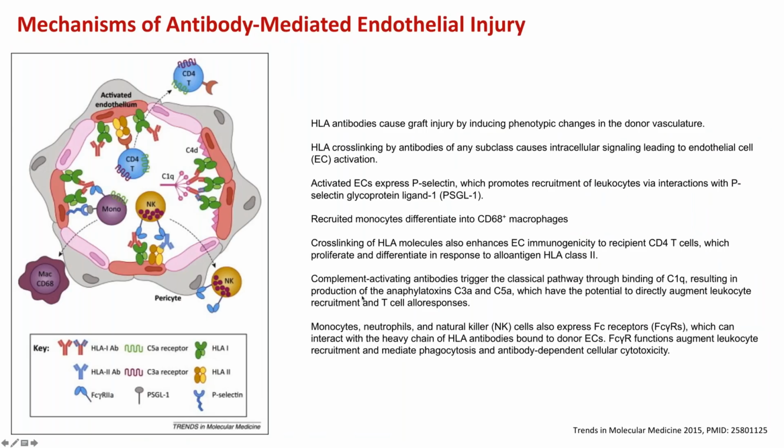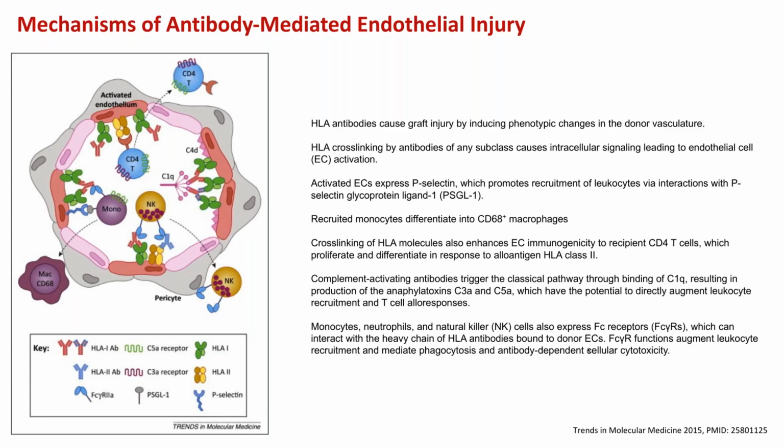So again, mechanism of antibody-mediated endothelial injury. HLA antibodies cause graft injury by inducing phenotypic changes in the donor vasculature. Now, complement activating antibodies trigger the classical pathway by binding to C1q, resulting in production of C3a and C5a. And then monocytes, neutrophils, and NK cells that express Fc receptors can interact with the heavy chain of the HLA antibodies, which is bound to the donor endothelial cells.